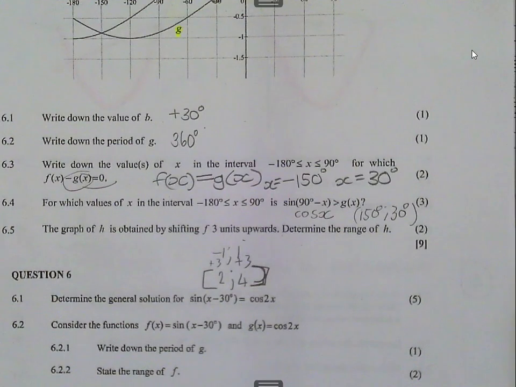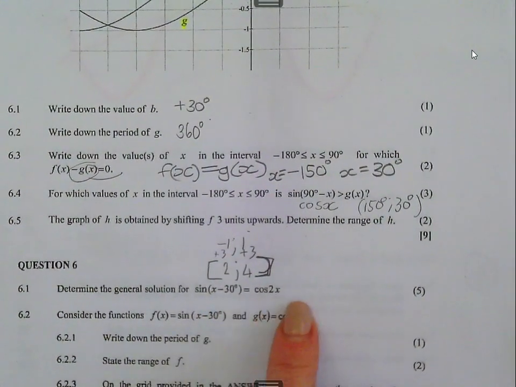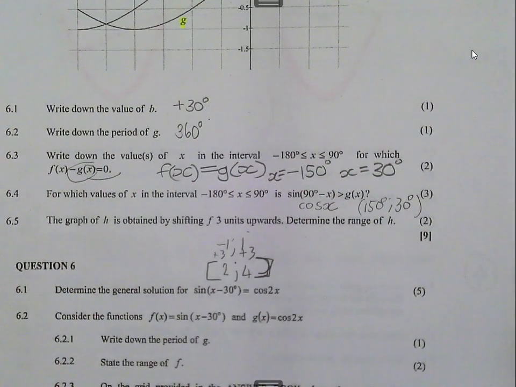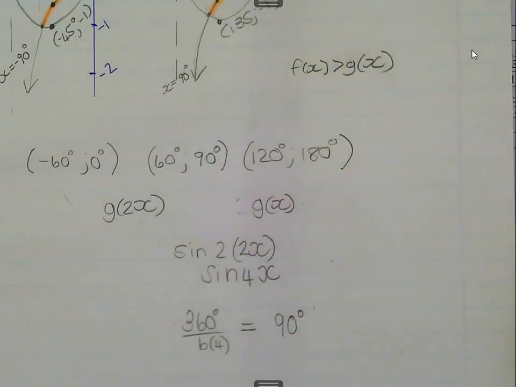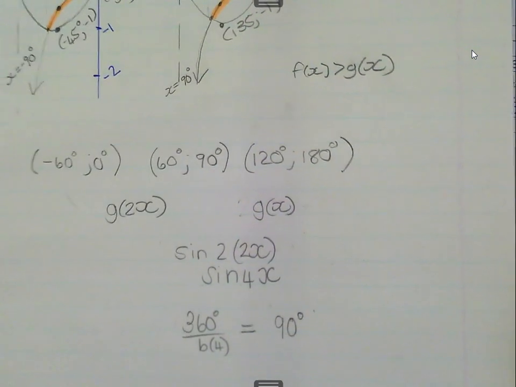Remember when I had sin and cos, I could divide by cos. But I could do that when the angles were the same. So if the one was x and the other was x, or the one was 2x and the other was 2x. This one is x minus 30 and 2x, so I can't do it. Can't divide with cos. So I quickly want to do that one with you. Okay, we're going to need our books to do it.